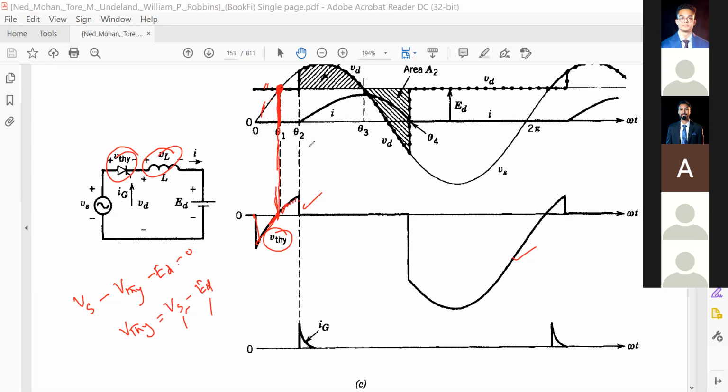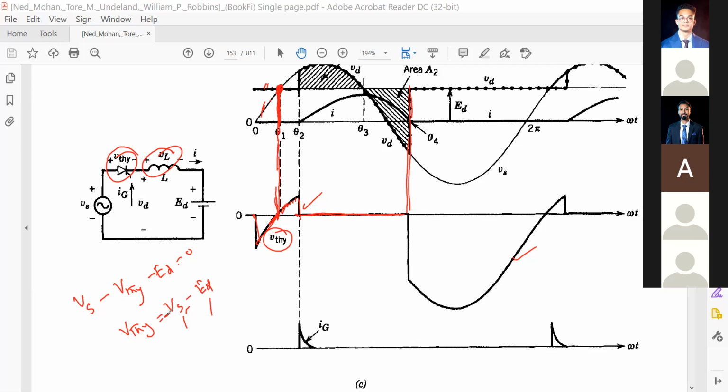And then after theta 2, the thyristor is on. So what should be the voltage across your thyristor when it is on? Ideally 0, because you are getting the 0 voltage here. And after that, again the thyristor is off. Then you have to apply the Kirchhoff voltage law.